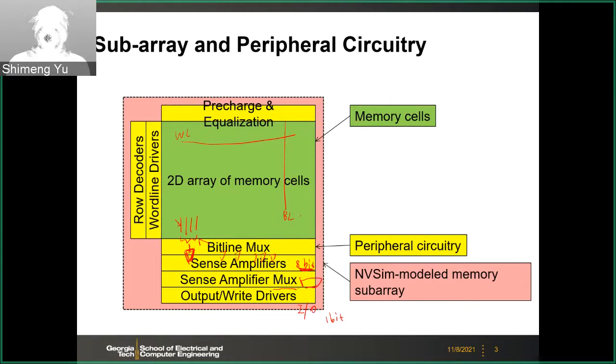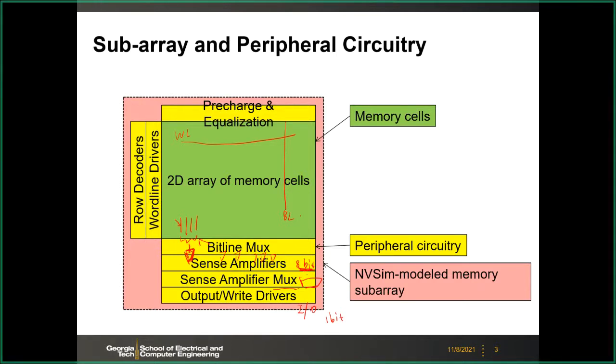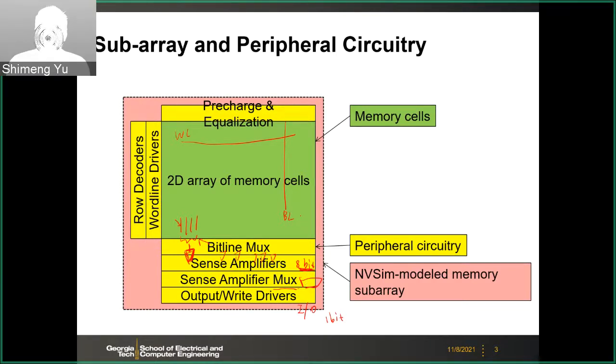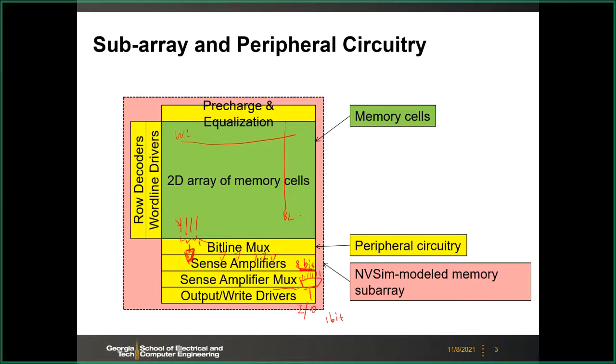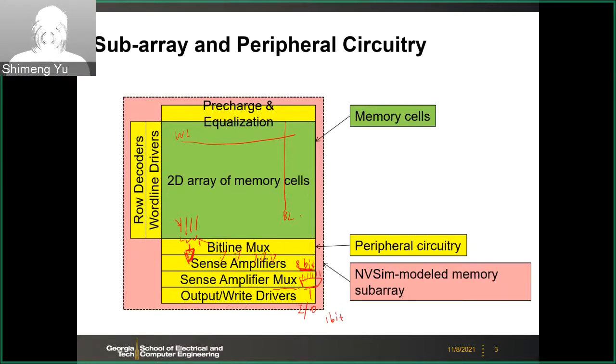After the sense amp, you may have some local register or latch to temporarily store the data. And then you will select which bit to burst out at this cycle, so you may need another mux. And then at the edge, of course, we may need the output driver if you want to drive this bit out to the upper level interconnect.